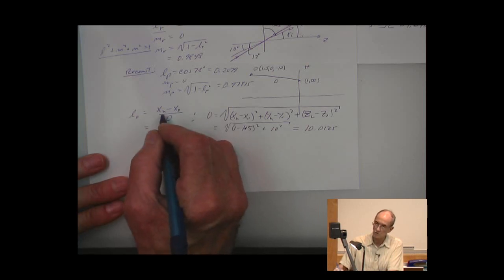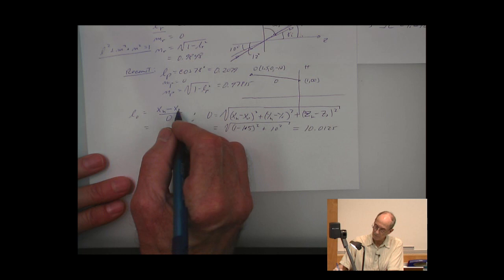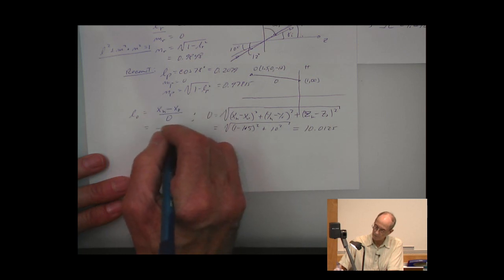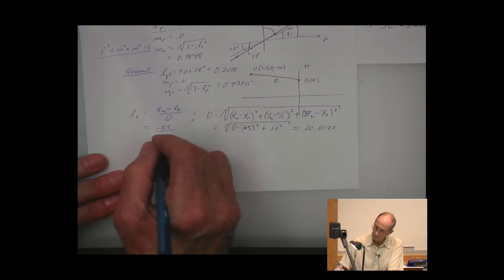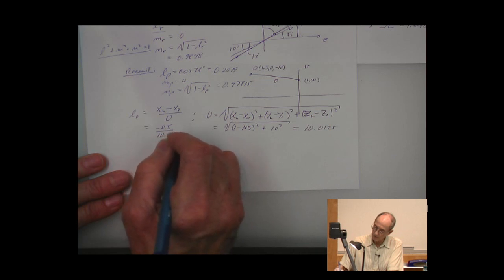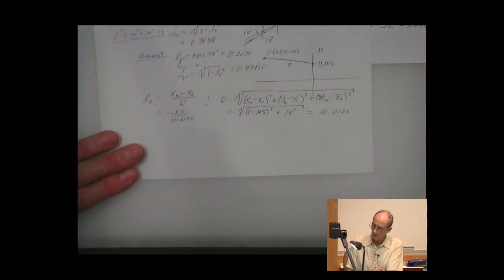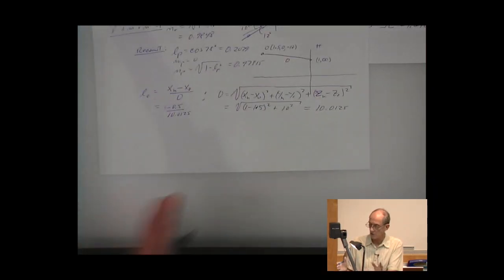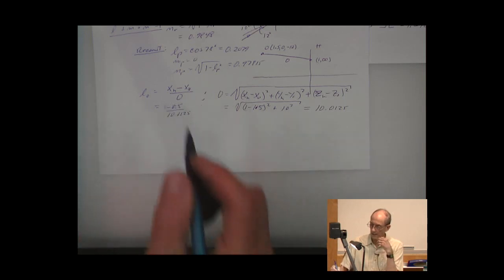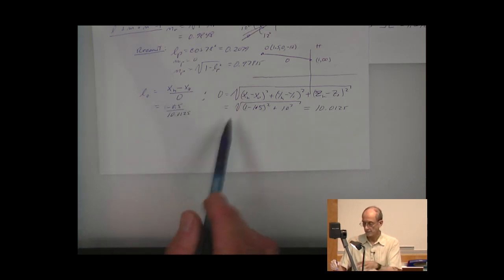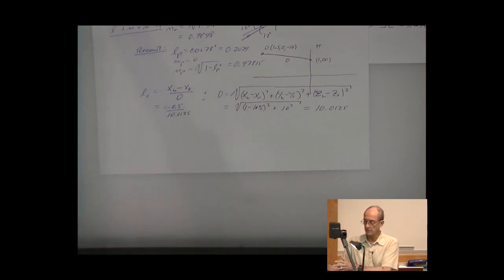Now, the problem came about because we have xh minus xo. xh is 1, xo is 1.5. So this is actually minus 0.5 over 10.0125. A lot of you forgot that minus sign. I took off a quarter point or something for that, but then I tracked what you did after that with the wrong number to give you credit if you did it the right way from that point onward.